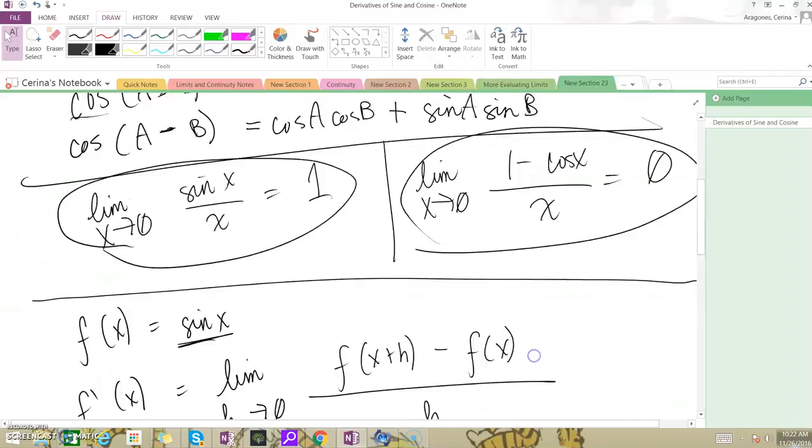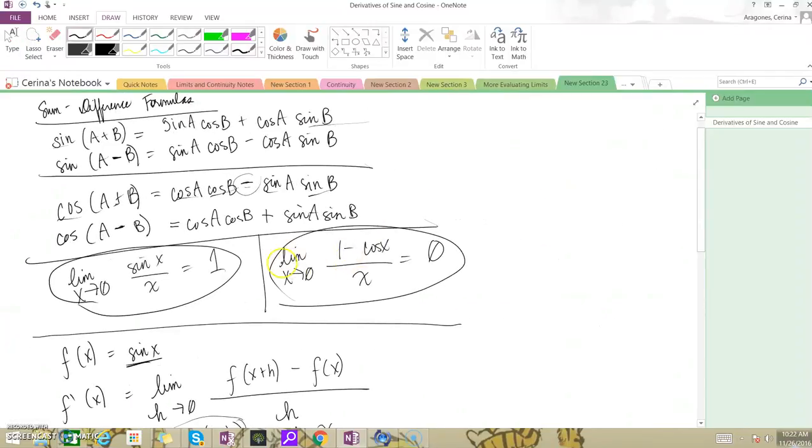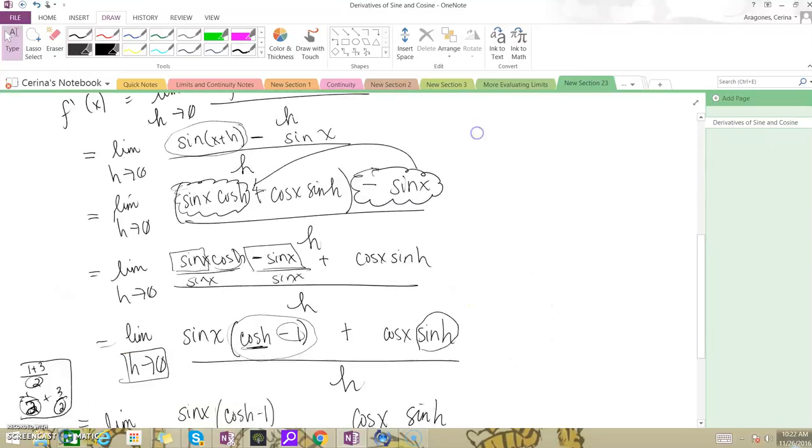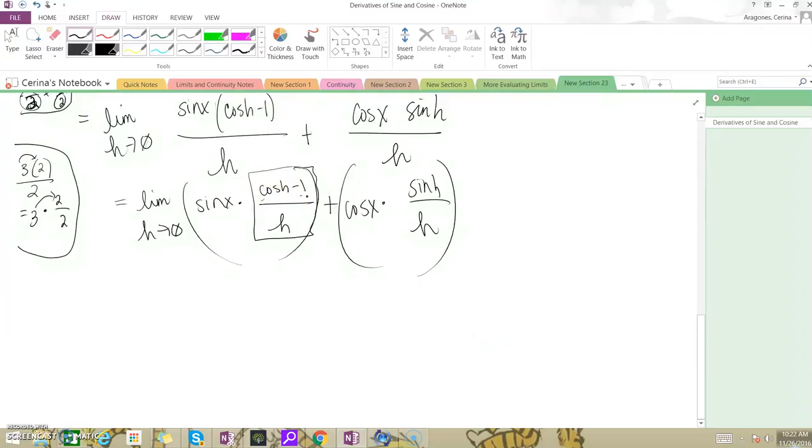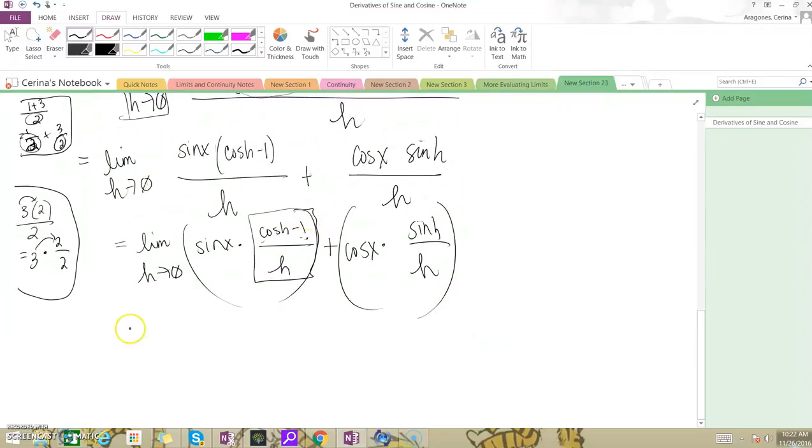So we want the limit as x approaches 0 of 1 minus cosine x. Over here, it's backwards. It's cosine minus 1. So I'm going to factor out a negative. So the limit as h approaches 0 of negative sine x times minus cosine h plus 1.